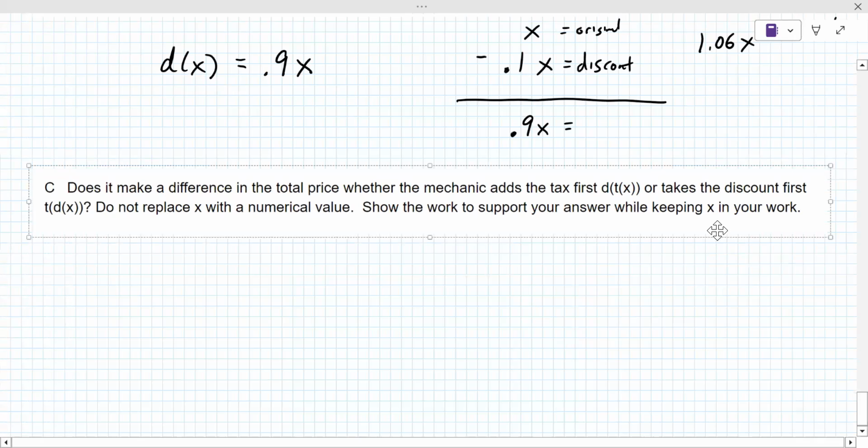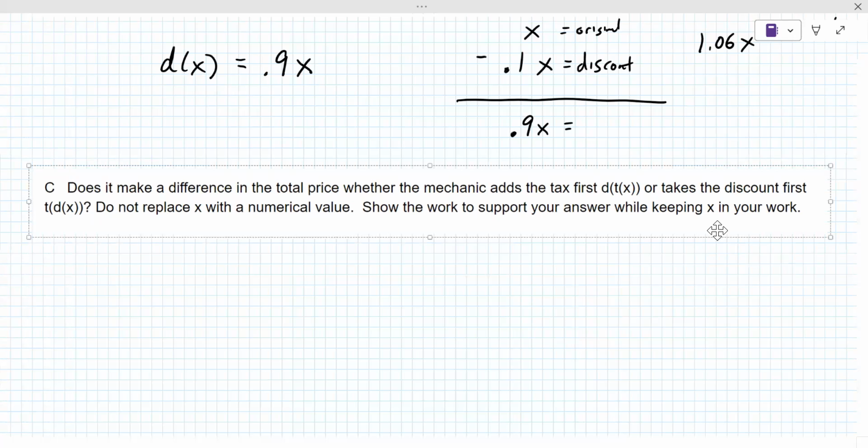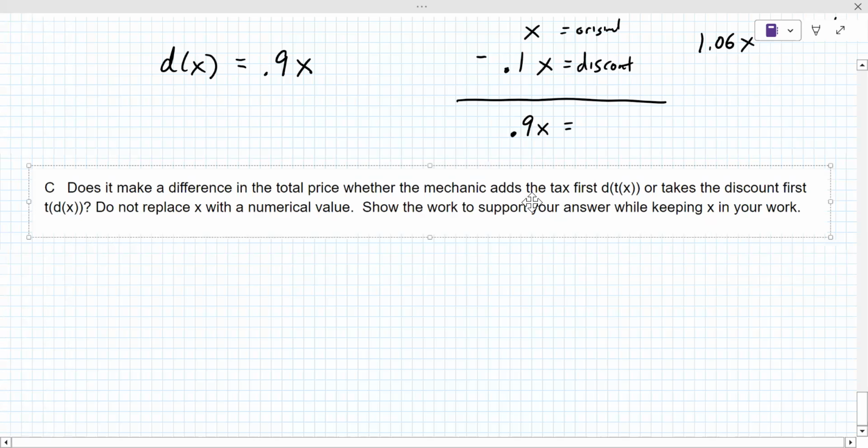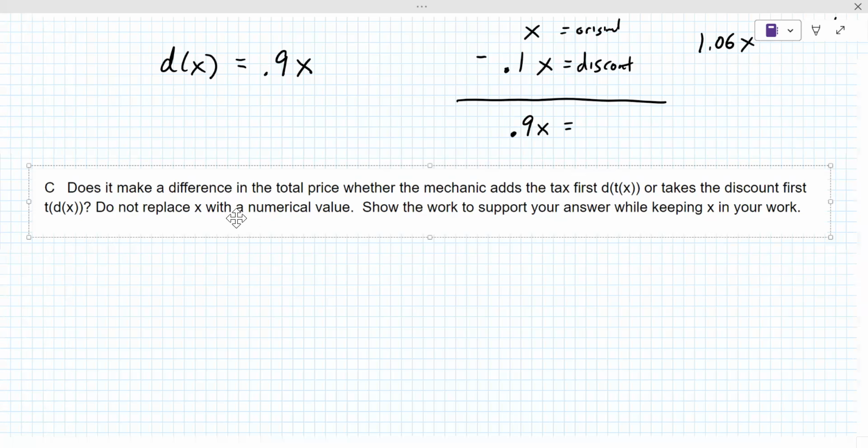Does it make a difference in the total price whether the mechanic adds the tax first, d of t of x, or takes the discount first, t of d of x? Do not replace x with a numerical value. Show the work to support your answer while keeping x in your work. Normally, when it says do not just use numbers, numbers actually are the best way to do these because it makes more sense to us when we're seeing the numbers.